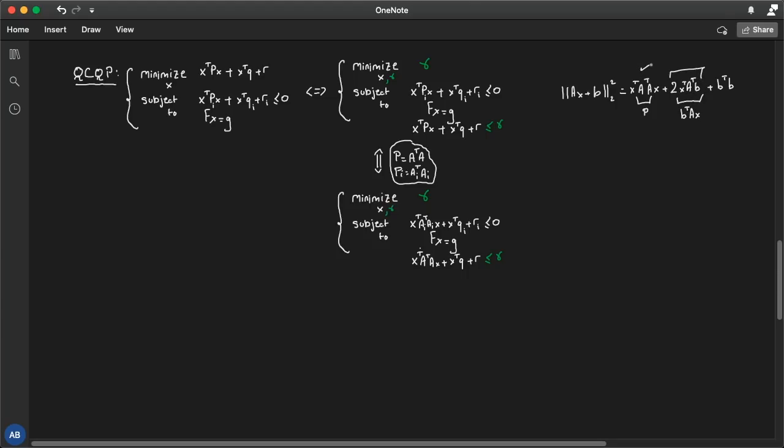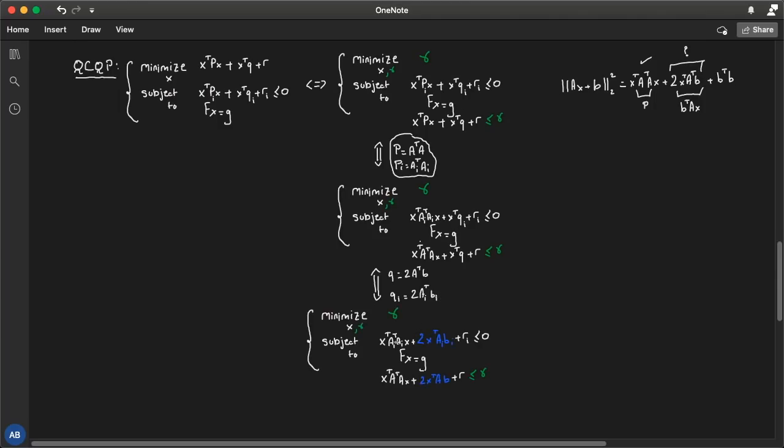Now I have this and I need this, right? How to do that? Well, instead of the q, I put in 2A transpose b. So my q is 2A transpose b and my qi is 2Ai transpose bi.